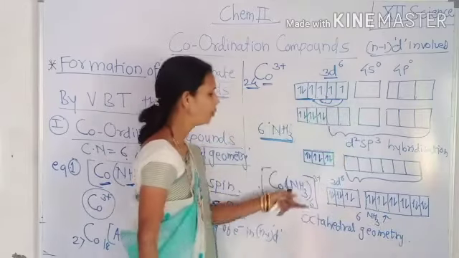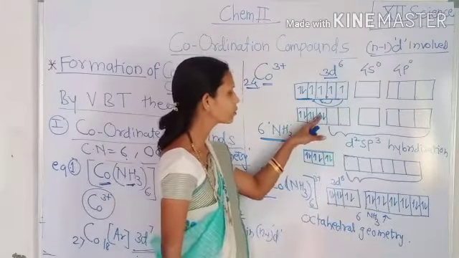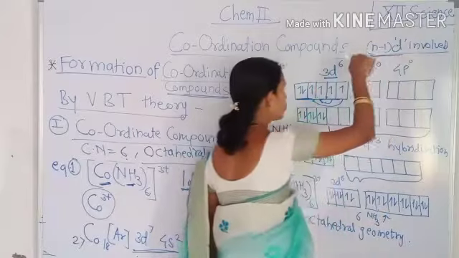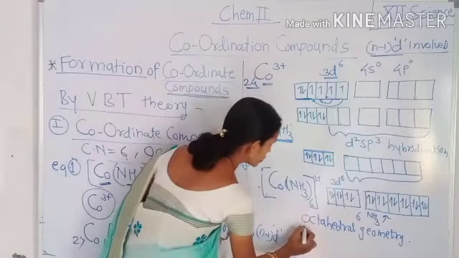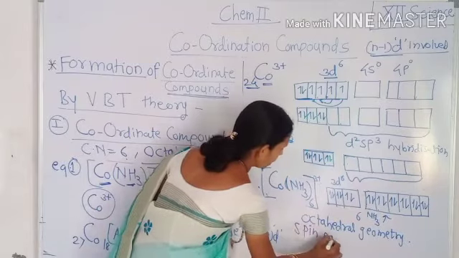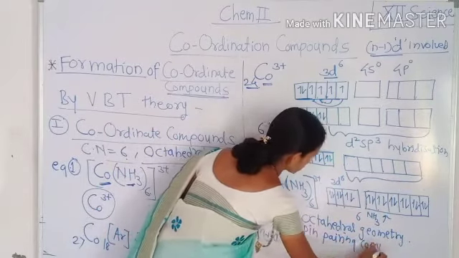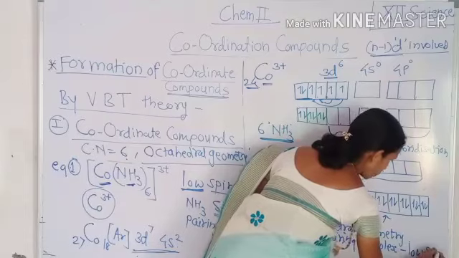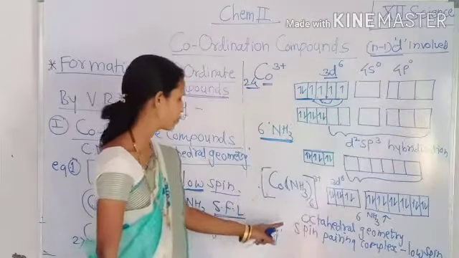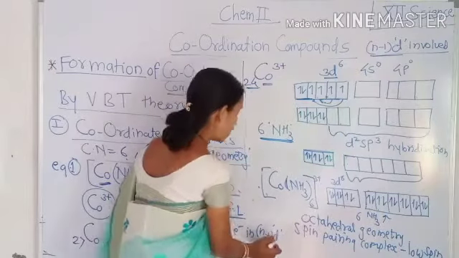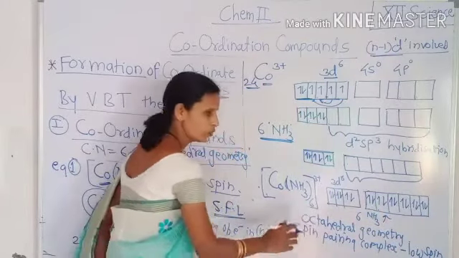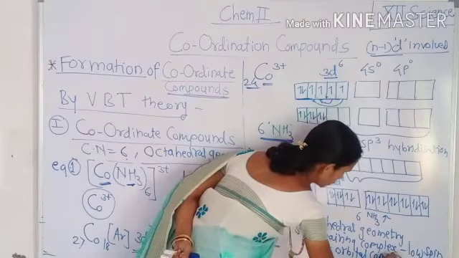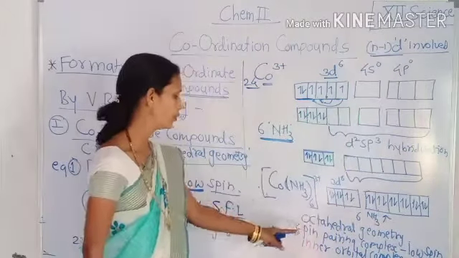As before hybridization pairing of electrons takes place in the 3d orbital, and the (n-1)d orbital is involved in it, this complex is also known as a spin pairing complex, which means a low spin complex is formed. As the (n-1)d orbital is involved, it is an inner orbital complex.